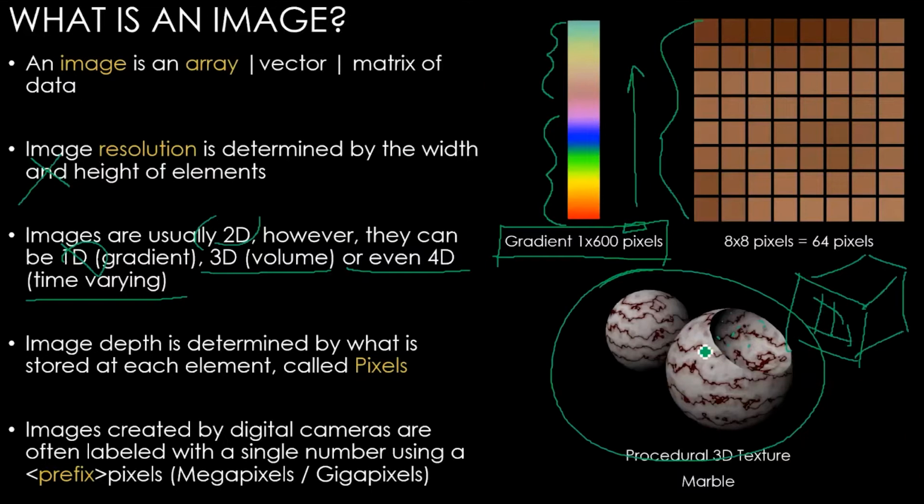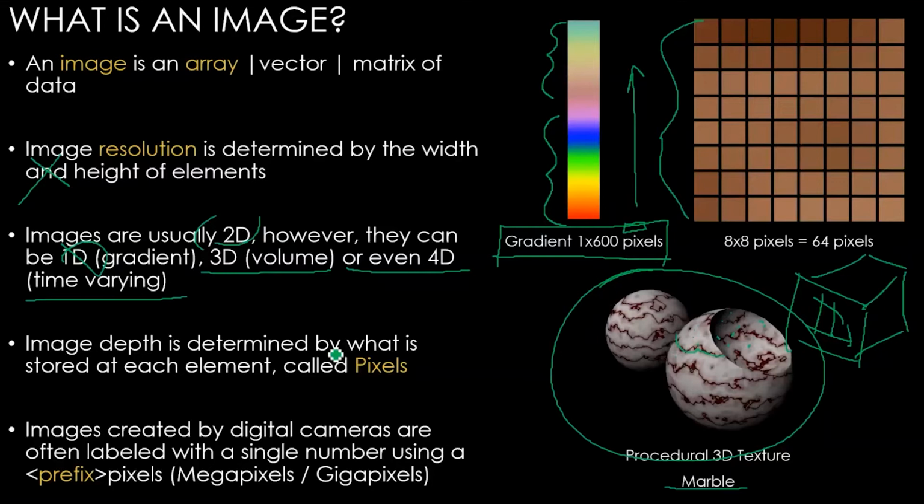Instead, for each of the pixels on its surface, it evaluates a function, and it provides to that function the three-dimensional coordinate of each of these pixels. And then it determines what the value should actually be, in this case, based on a marble function that would approximate how marble flows through the object, probably using some sort of randomization algorithm and so forth, and some interesting artifacts here.